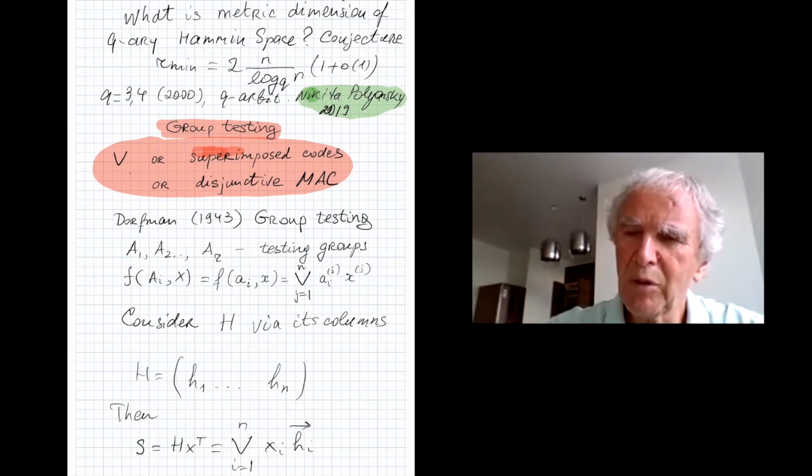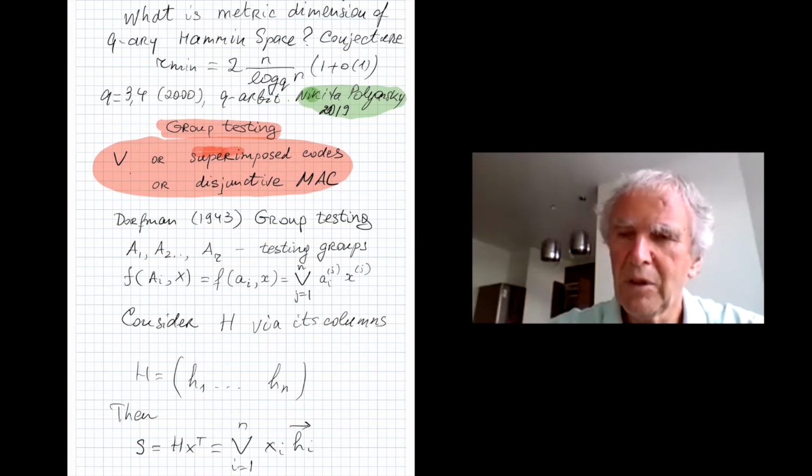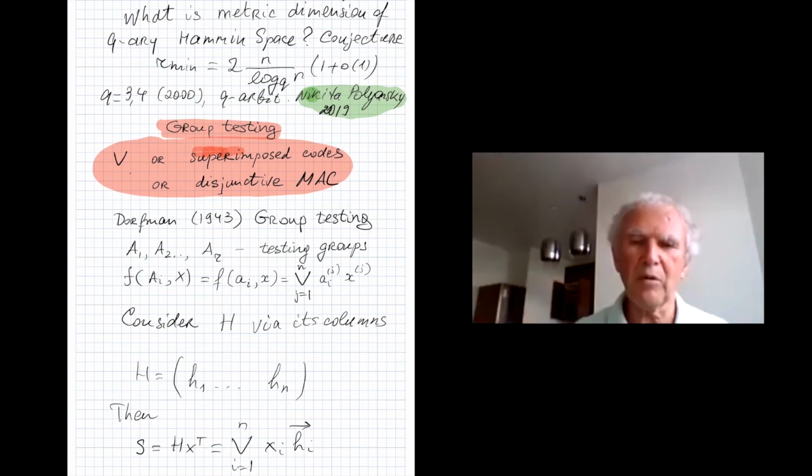And what is more important is test consuming. And tests were rather expensive at the time. Therefore, what Dorfman suggested was to take blood from a group, not from a single soldier, but from a group of soldiers, and put it in one test. And the property of the test was that if at least one soldier is ill, then the test is positive. If no one is, then the test is negative. So that's why it's called group testing.